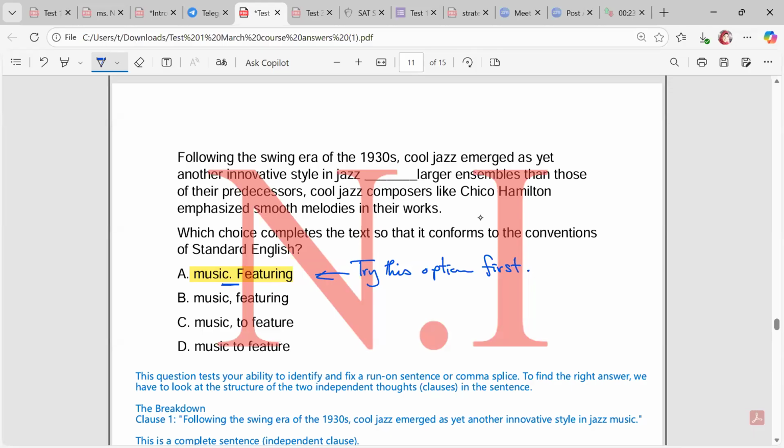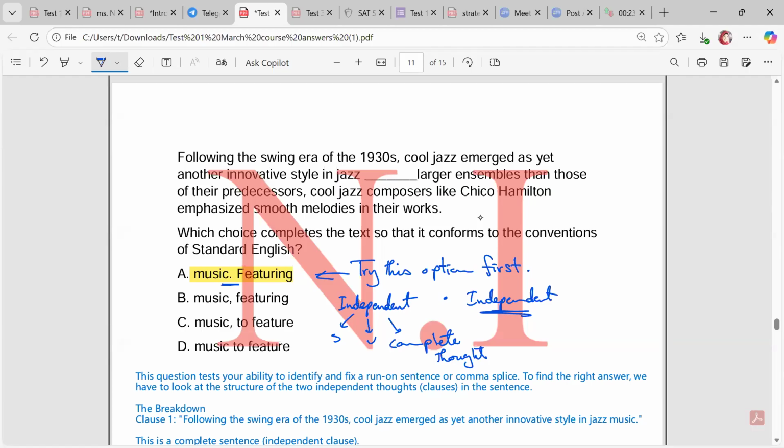But if the three of them are there, meaning period, semicolon, comma plus one of the FANBOYS, you eliminate all three. If one of them exists, try it first. What is the rule for the period? Independent clause and independent clause. An independent clause means subject, verb, and complete thought. Here also the same thing.